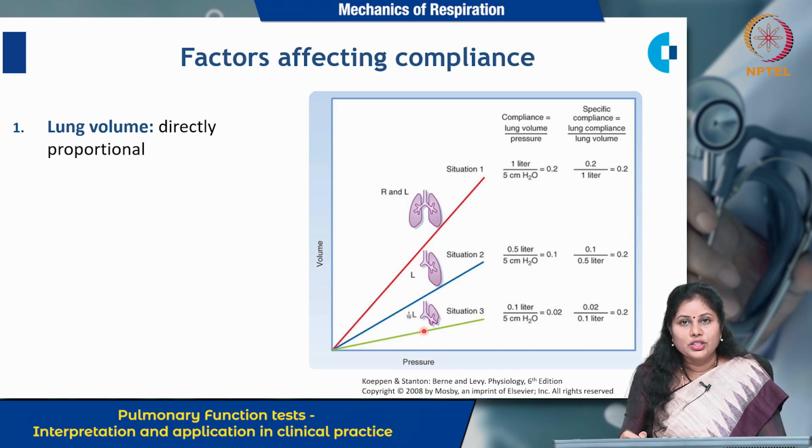In the third situation, where the lung is just 1/10 of the normal, the compliance has drastically reduced to 0.02. So, if the lung volume is greater, the compliance is also greater.